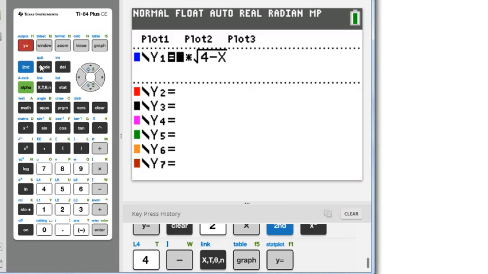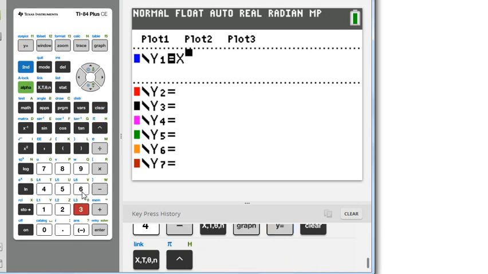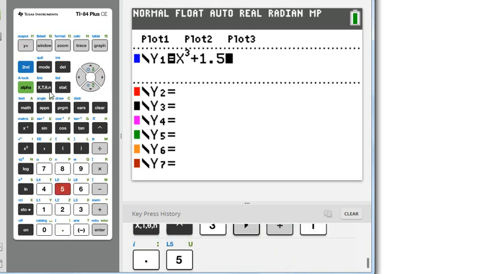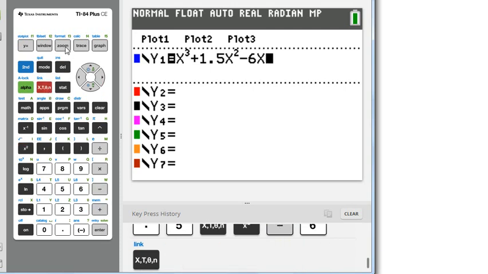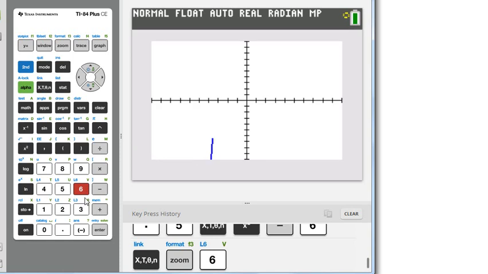And that function is going to be x cubed plus 1.5x squared minus 6x. And we'll just graph this function, see what it looks like.